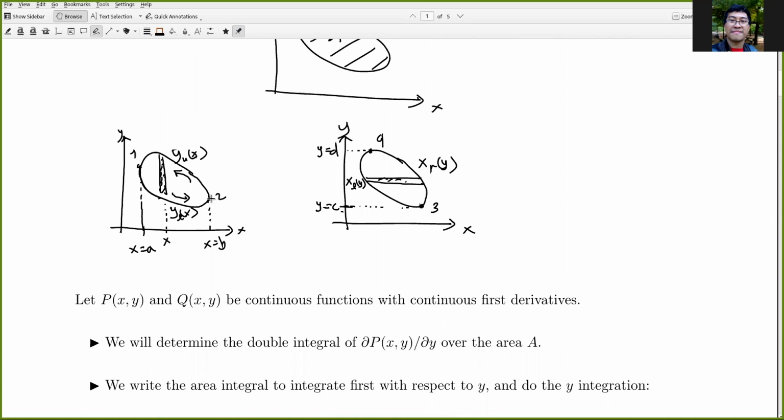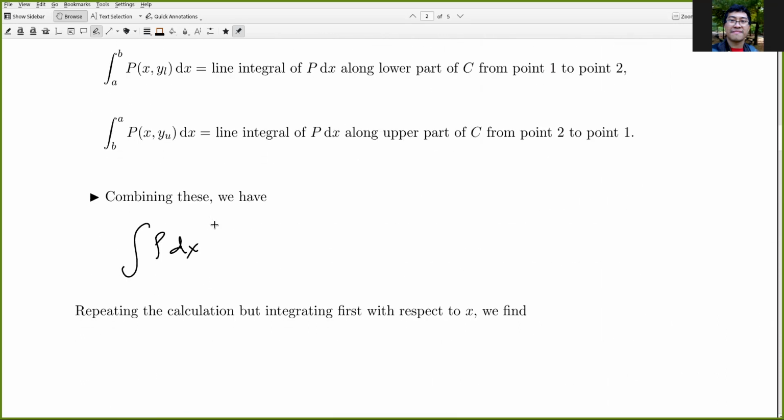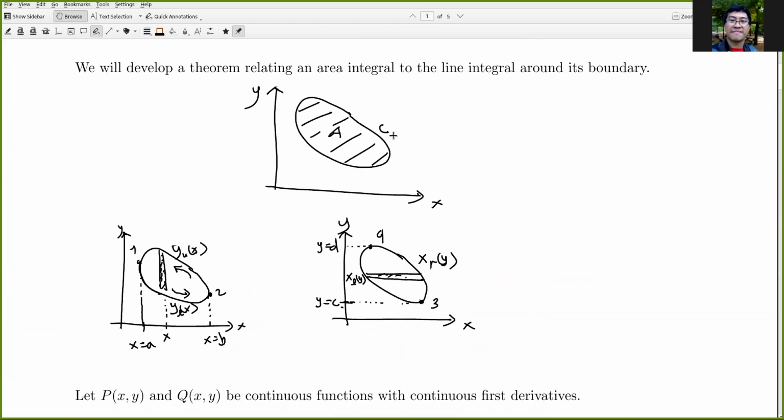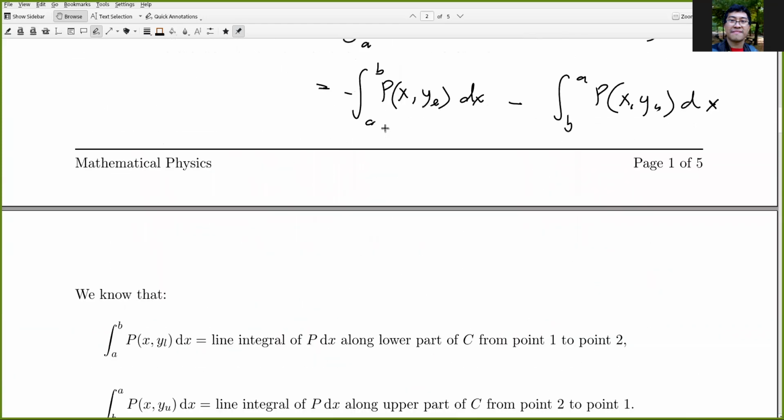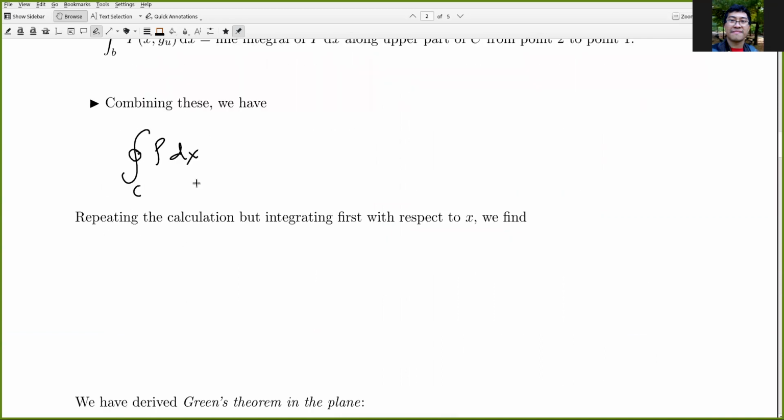So combining this, we have integral of p dx, but this is from so lower part from 1 to 2, and then upper part from 2 to 1. So basically we're going one full cycle. So by notation, the sum of these two we call closed integral. So we put a circle denoting that it is a closed integral. So p dx, so that the closed path is here we called c. So this is overall c. This is negative of integral.